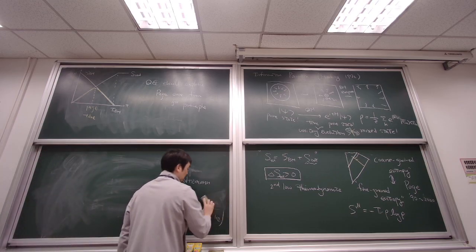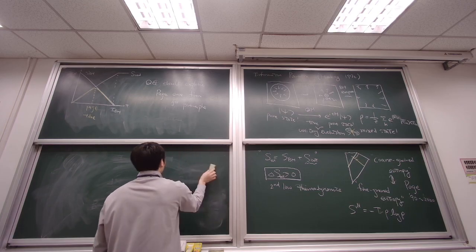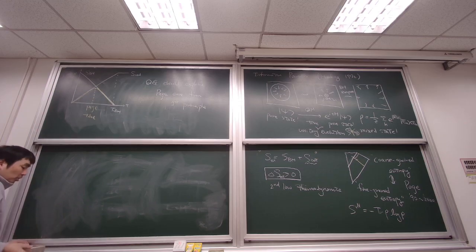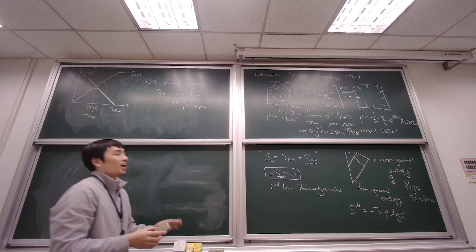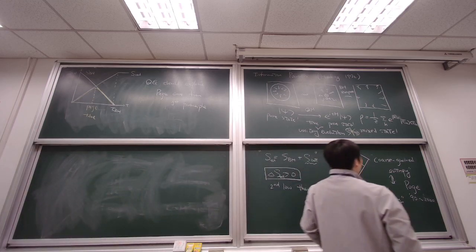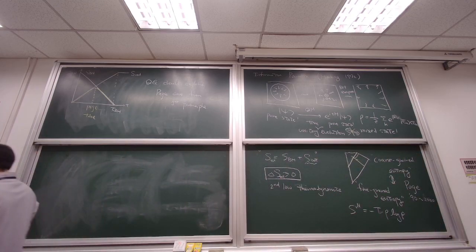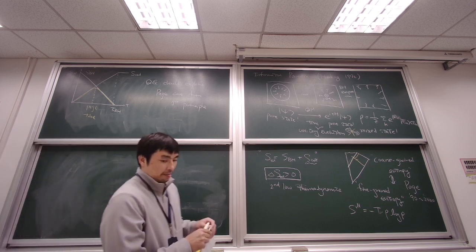To address this issue, first I have to explain many terms: what a pure state is, what a mixed state is, what coarse-grained entropy is, what fine-grained entropy is, and what von Neumann entropy is. So let's recall some basics of quantum mechanics, to explain this terminology.